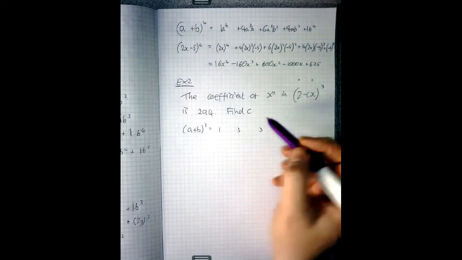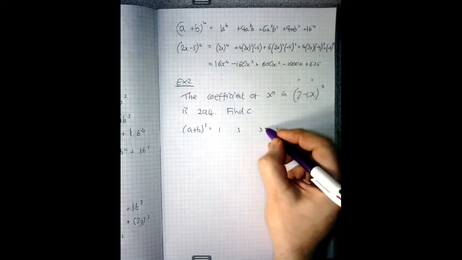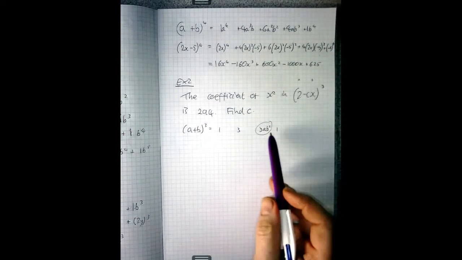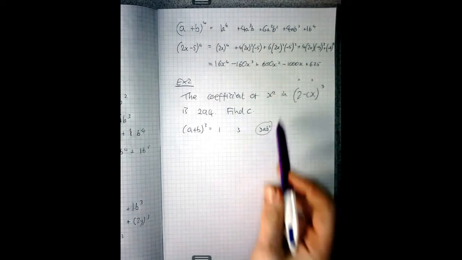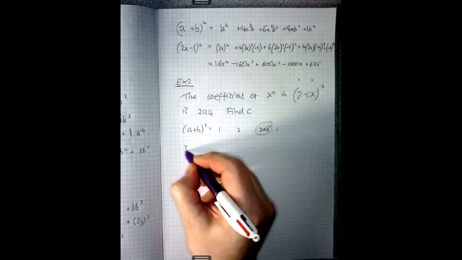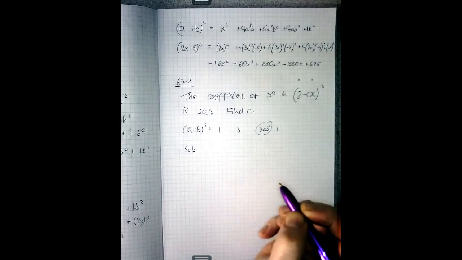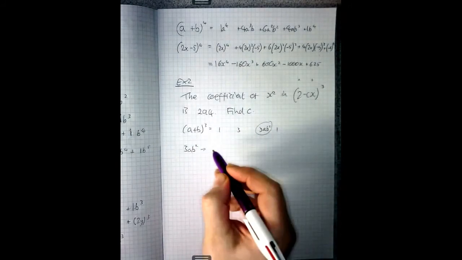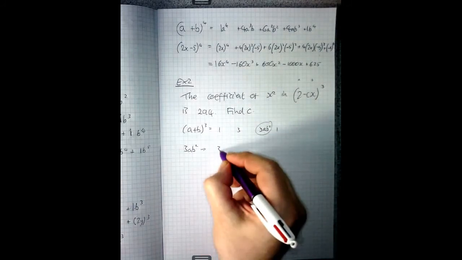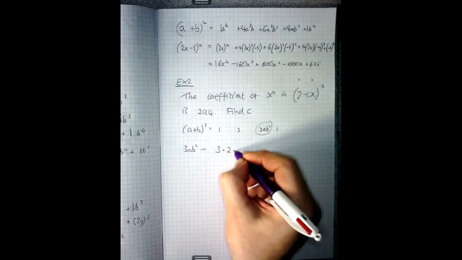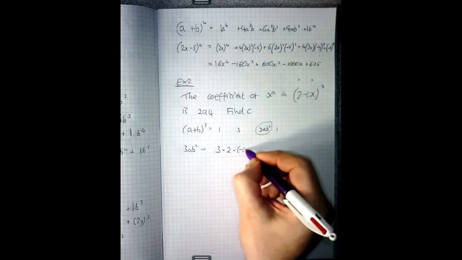Now, remember the powers add to 3. So a b², that's the term I'm interested in. They've told me that the multiplier of x² is 294. So the 3ab², 3 times a times b².